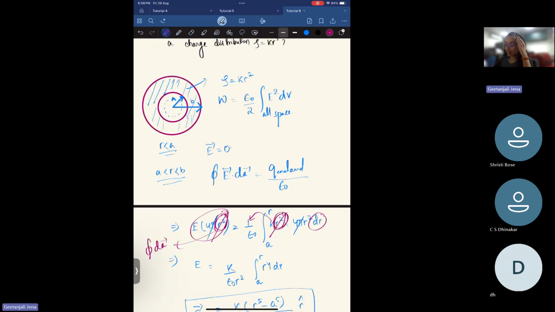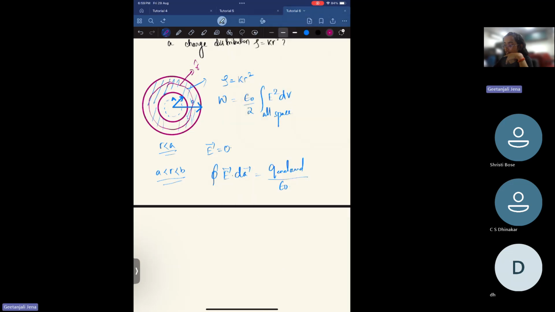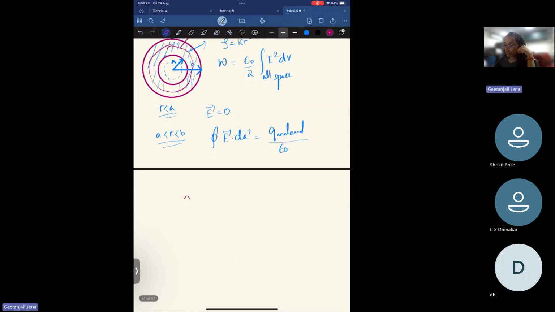For a spherical Gaussian surface, let me take a page. The dA vector in the radial direction is r square sine theta d theta d phi, right? It's in the radial direction.